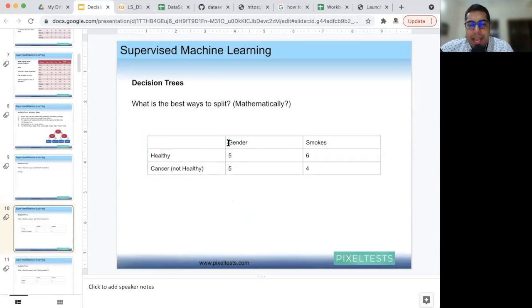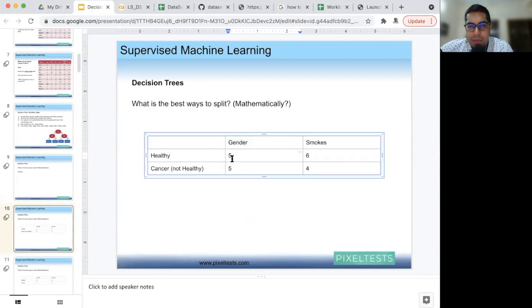I have 5 records here, meaning 5 males in healthy and 5 females in not healthy. And I have 6 folks who smoke, and 4 in the rest. 6 in the healthy column and 4 in the not healthy column, right?